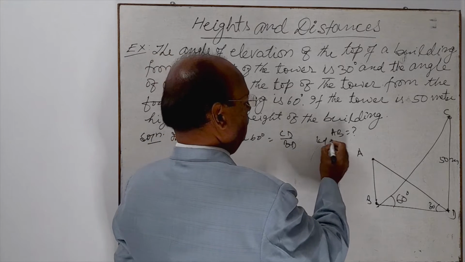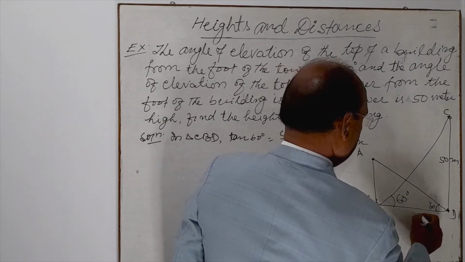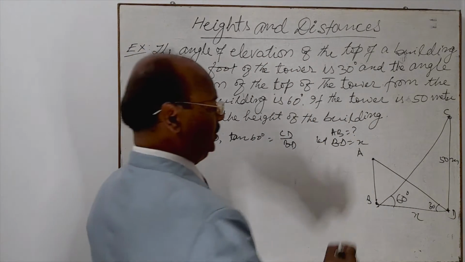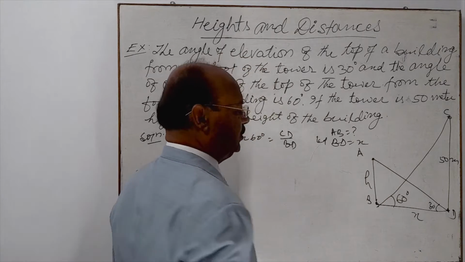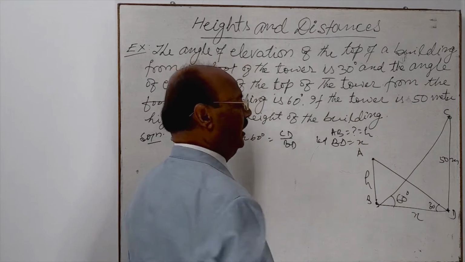Let us suppose BD is equal to X. This is X, correct? And let us suppose AB is H. We have to find out H here, the value of H.